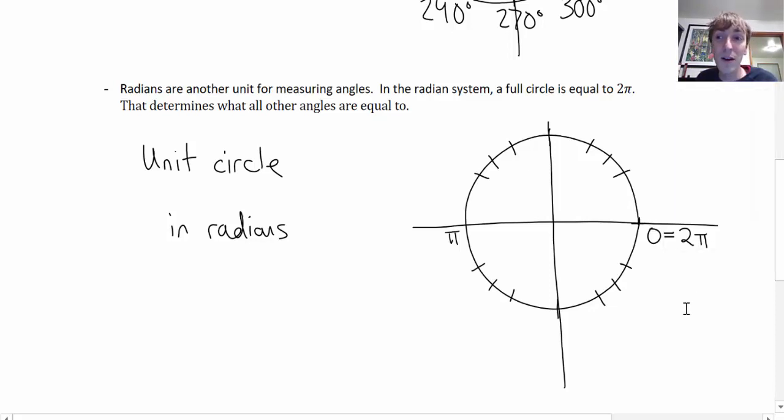If you can get the whole thing on your own, even better. But I'm going to show you the answer in a second. So pause the video if you want to try filling this out on your own, or if you've seen radians before and you think maybe you can remember what all these points are, give it a shot. Okay, so now I'm ready. I'm going to scroll down and show you the answer.